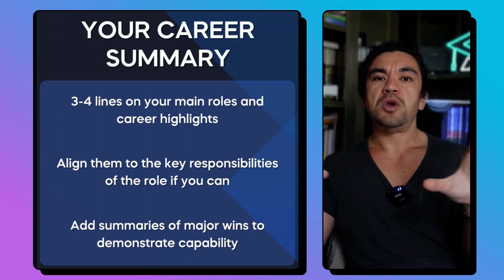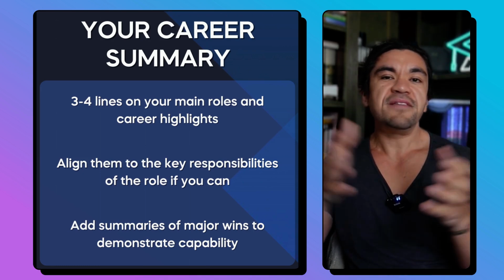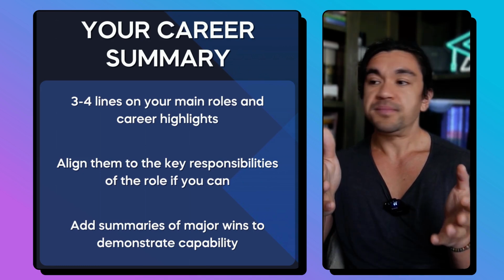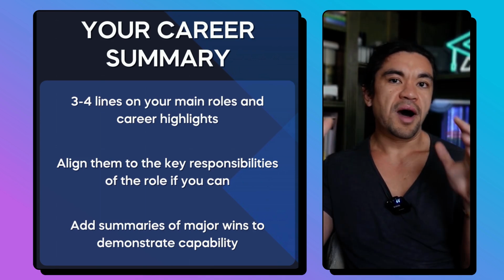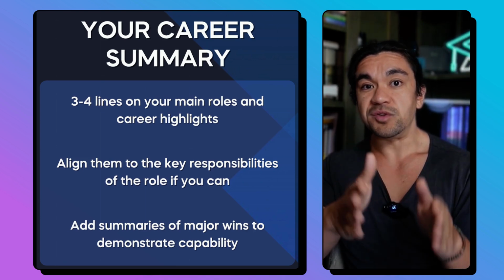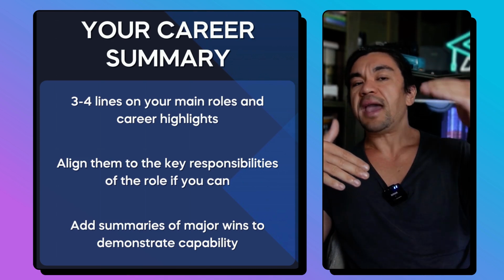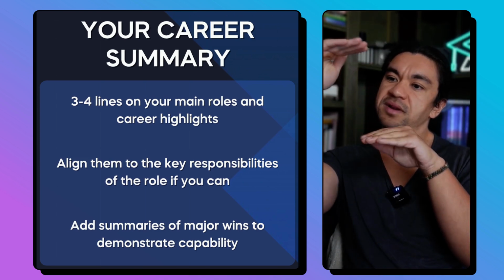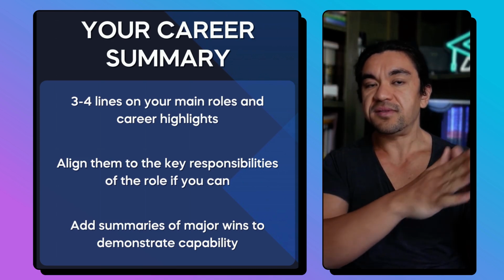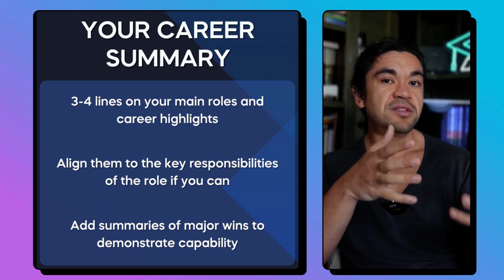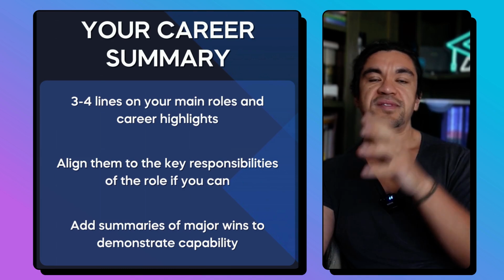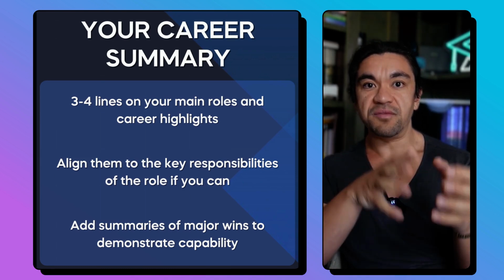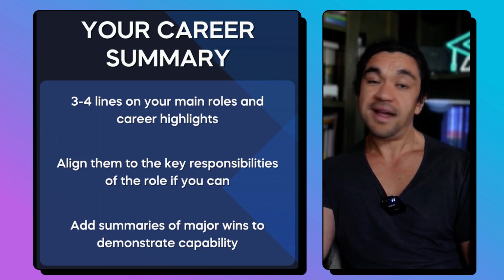After that, you want to show your career summary, which is an elevated version of your resume. And in that career summary, 3 to 4 lines, your main roles, the highlights, what makes you stand out, what makes you uniquely you. If you can, align those career highlights to the key responsibilities. Really, in an interview and using this interview pack, you're trying to align as much as possible your skills and capabilities to the requirements of the role to go, hey, folks, I'm a natural fit for this role.